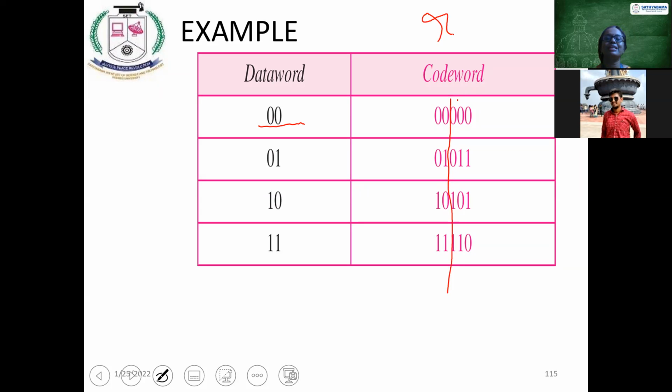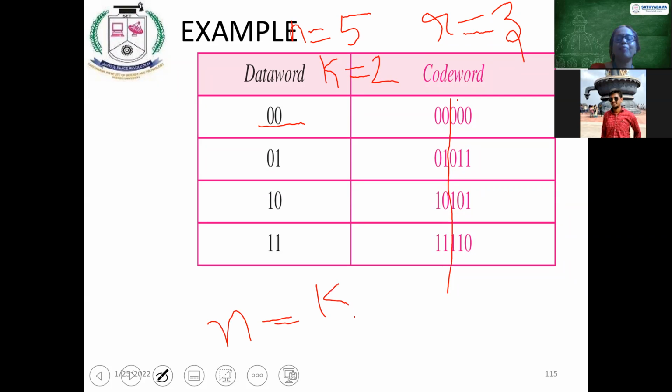The redundancy bit is 3, n is 5, and k is 2. So n equals k plus r. Some algorithm they perform, and they will get the value. They will say that using some XOR concept, or using some CRC, that is the way.